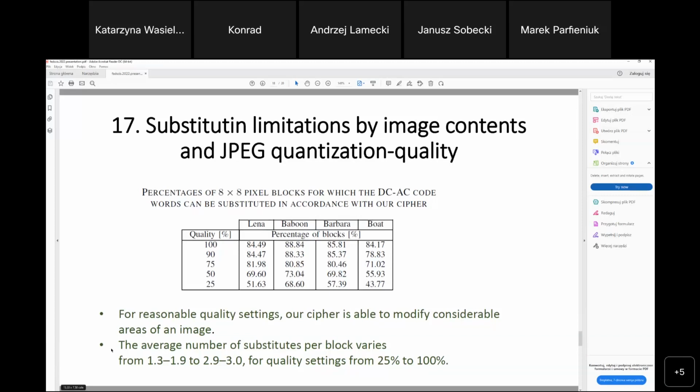A related parameter of encryption efficacy is the average number of substitutes per block. This average number varies from 1.3, 1.8 to even 3 as quality settings change from 25 to 100%.